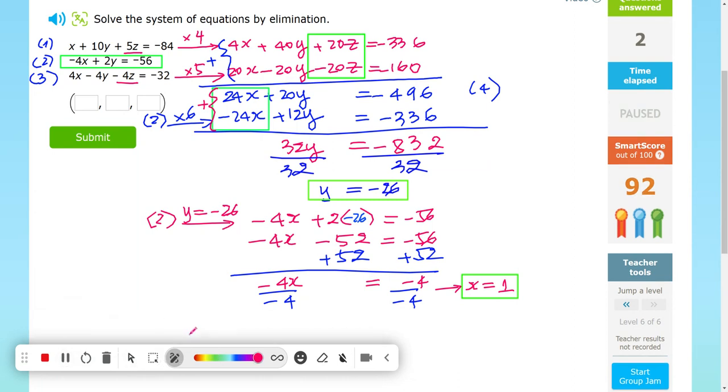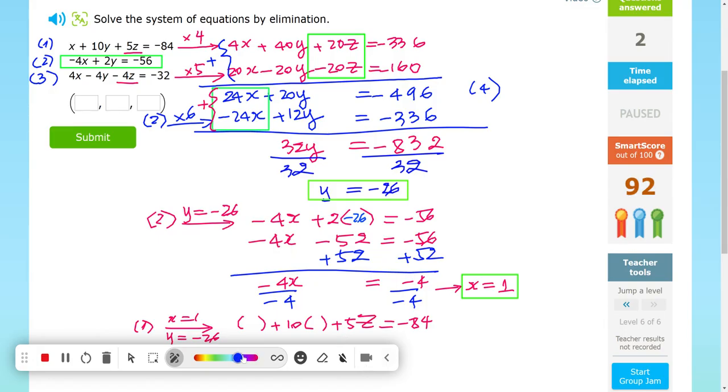So we know the x, we know the y. You need to find the z. I will substitute into equation number 1. I substitute x equal 1 and y equal negative 26. Take a look: x plus 10y plus 5z equal negative 84.